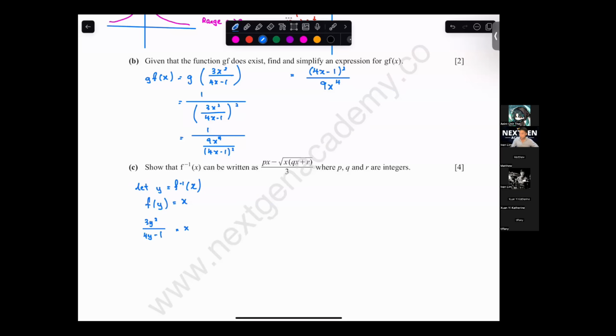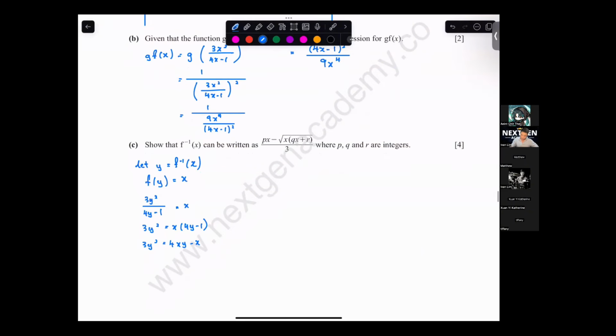My goal is to find y as the subject. So 3y squared equals to x times 4y minus 1. 3y squared equals to 4xy minus x. Rearrange this to a quadratic equation, and your y will be the term. You see, this is the quadratic equation, so you want to solve this equation.